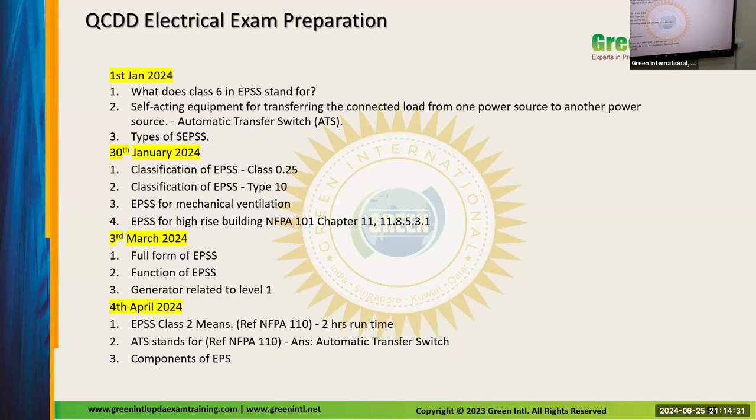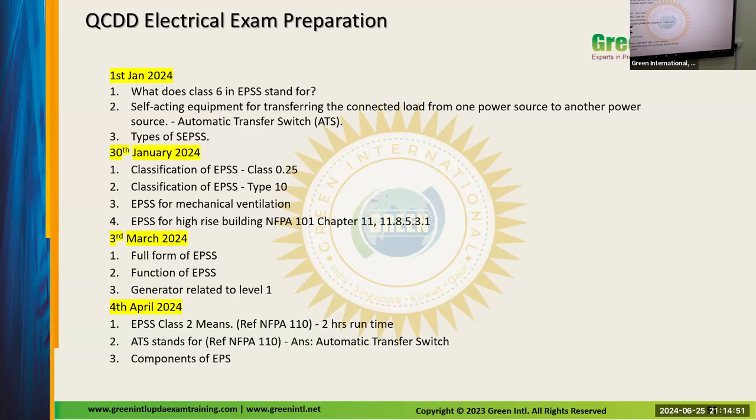Throughout the 5 classes, I definitely spell more than 10 to 15 times, because frequently we need to use the words class and type. So we are familiar with the terms. Class means maximum hours, type means minimum seconds. By this way we can remember the terms.